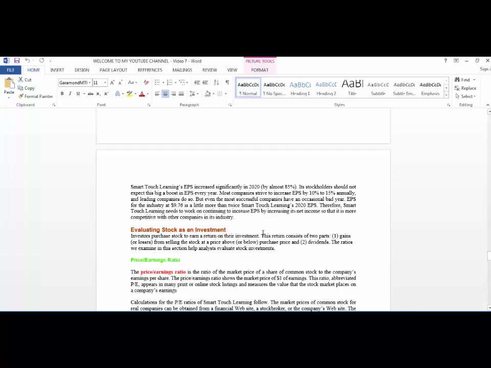Most companies strive to increase EPS by 10 to 15% annually, and leading companies do so. Therefore, Smart Touch Learning needs to continue to increase its EPS by increasing its net income. The basic reason is that to increase earnings per share, we have to increase the net income of the company.